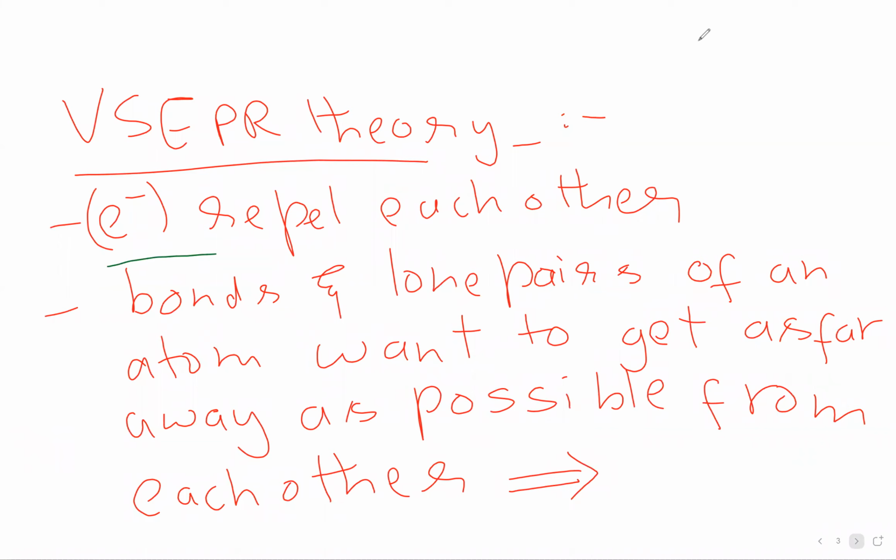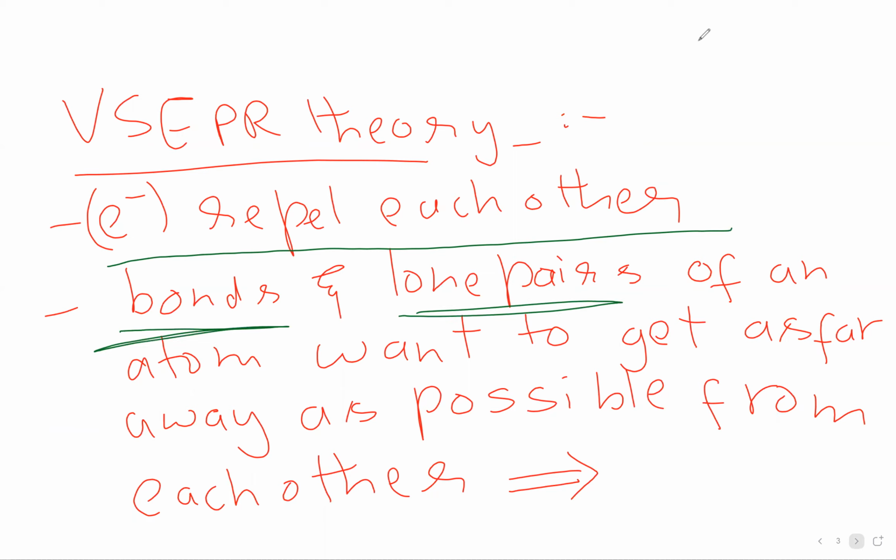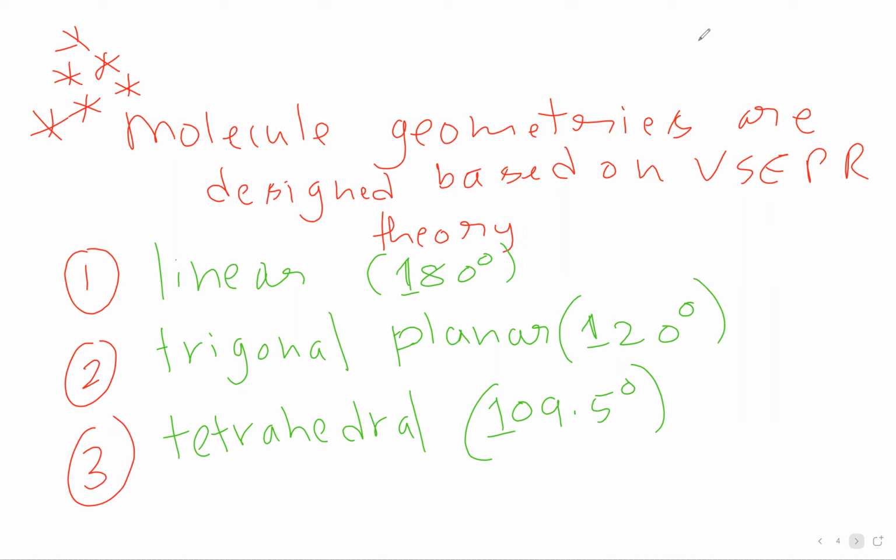So we talked about how the electrons repel each other in the valence shell, and the bonds and lone pairs of an atom want to get as far away as possible so they don't repel each other. There are 3 different types of shapes we'll be discussing.